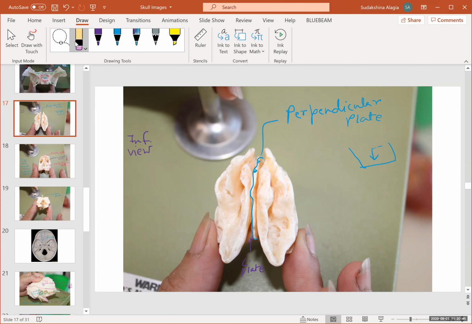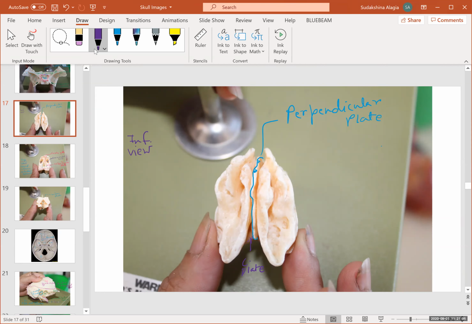They are named according to their position in relation to the perpendicular plate, like middle nasal concha and superior nasal concha.